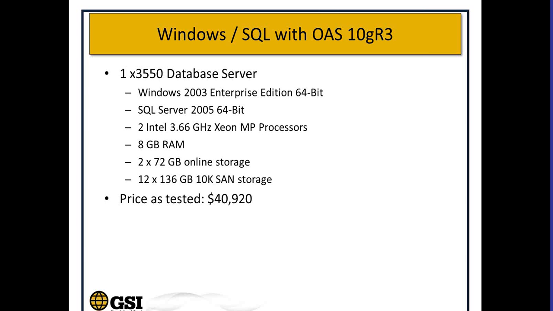But if you look at the hardware that was in use at the time, this is what we're looking at. A single database server running 64-bit edition of Windows 2003 with SQL 2005. And as far as the databases, SQL 2005 and SQL 2008 are similar in performance. So it's not going to be a night and day difference between 2005 and 2008.